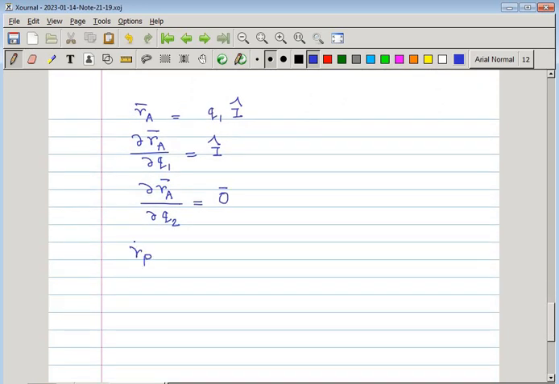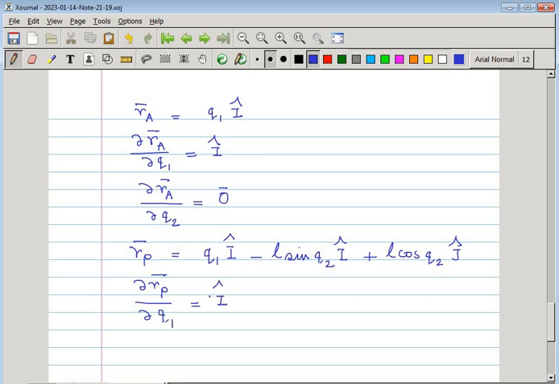Similarly, RP is equal to Q1 I minus L sin Q2 I plus L cos Q2 J. So del RP del Q1 is again I, and del RP del Q2 is equal to minus L cos Q2 I minus L sin Q2 J.